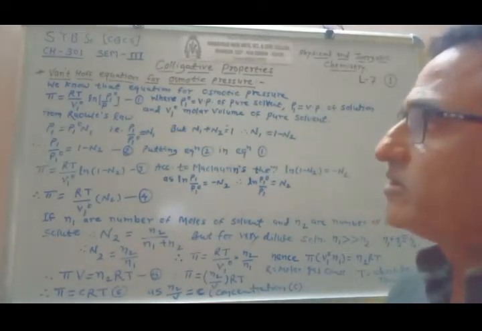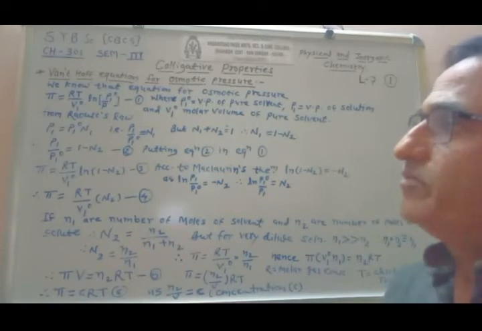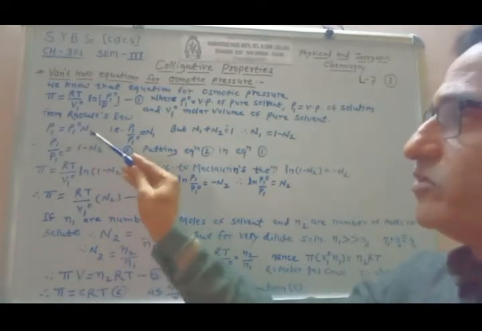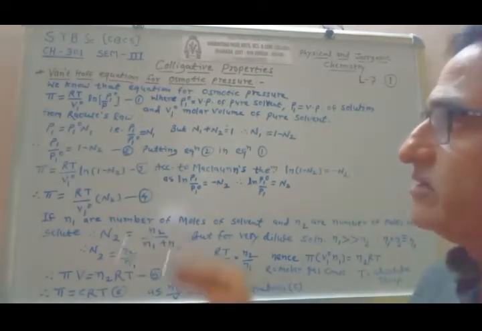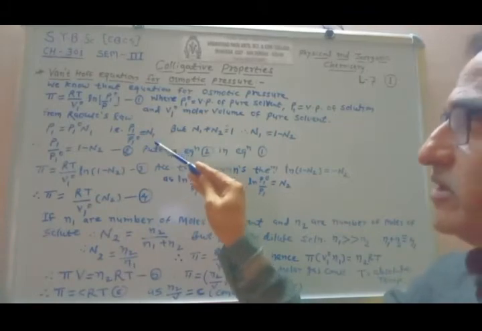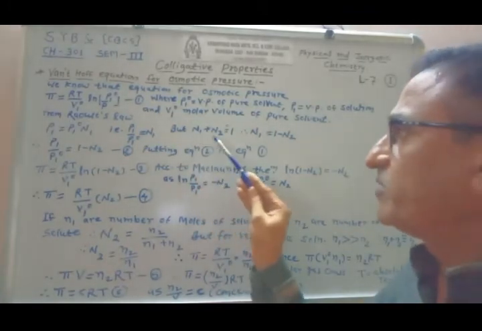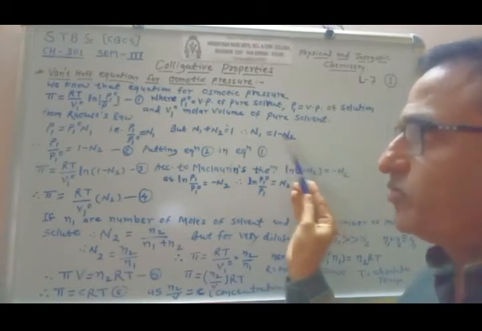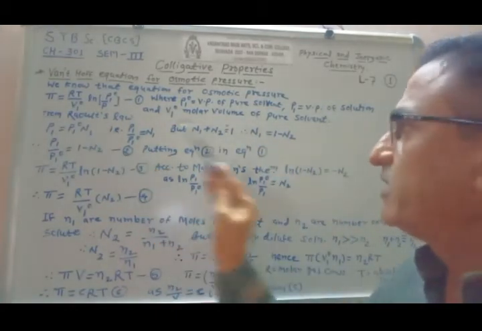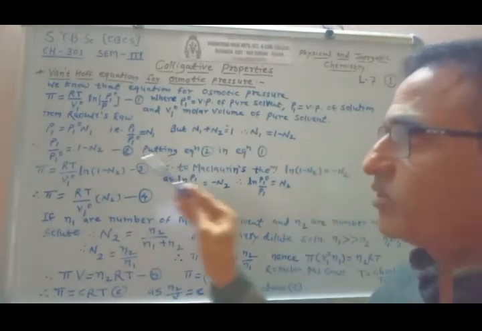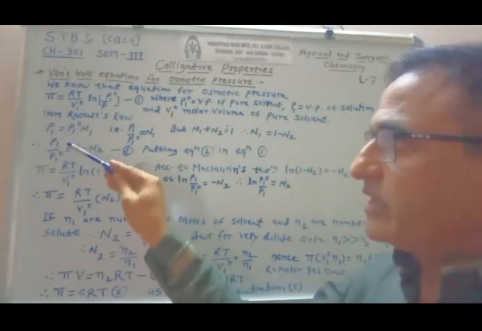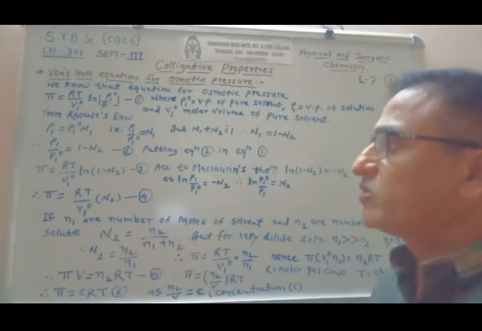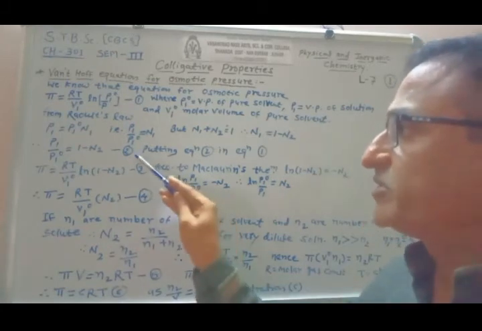From Raoult's law, P1 is equal to P10 into N1. So P1 upon P10 is equal to N1, but N1 plus N2 is equal to 1. Hence N1 is equal to 1 minus N2. So putting the value of N1 as 1 minus N2 in terms of mole fraction of solute, we can write P1 upon P10 is equal to 1 minus N2, call it equation number 2.